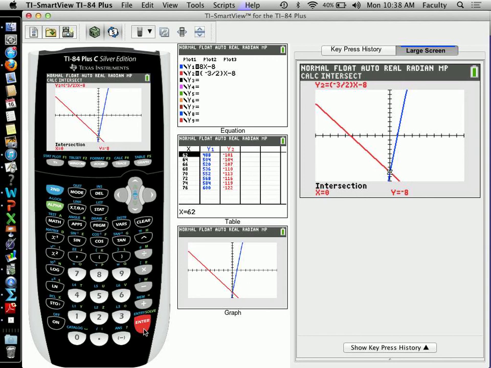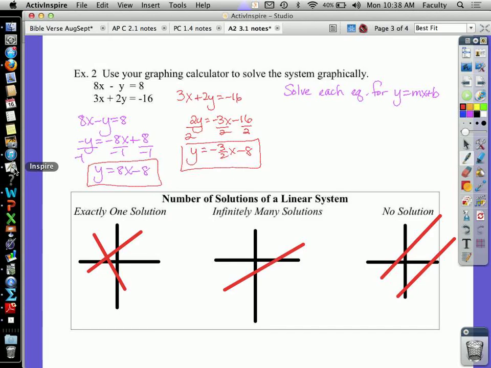Okay? So let's go back to the notes. Solve each equation for y equals mx plus b. Enter both in the y equals screen in y1 and y2. Then you press graph.